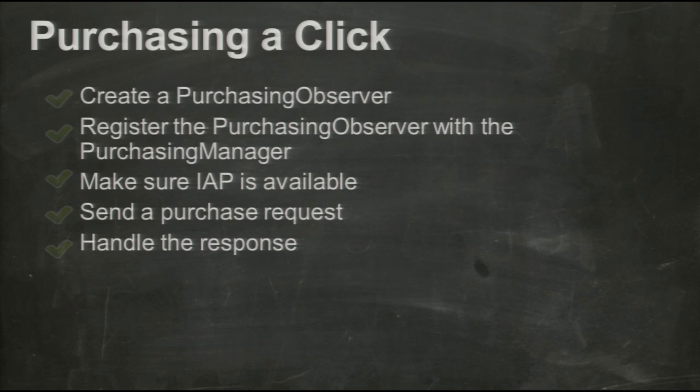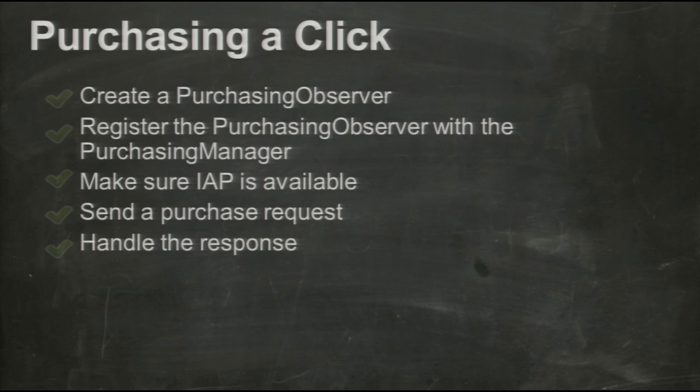That's what's going to enable you to receive messages from the in-app purchasing SDK. You need to register your purchasing observer with the purchasing manager, so that when you send a message to the in-app purchasing SDK, we know how to route it back to you. You need to make sure IAP is available on the device that you're using.